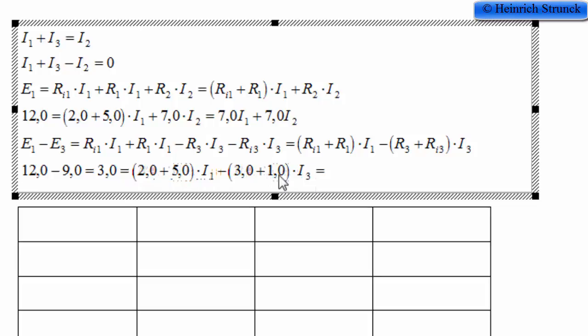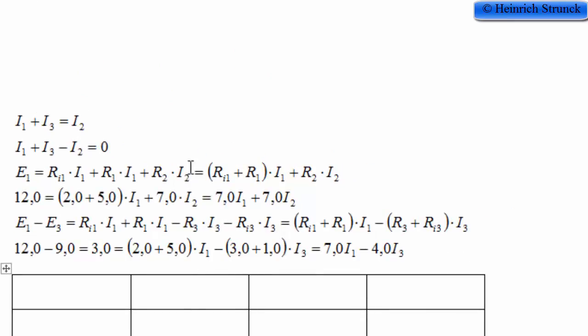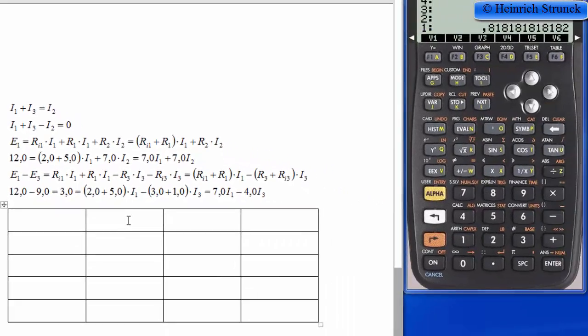It gives that we have 7I1 and minus 4I3. Then we have 1, 2, 3 equations, and that is enough to solve the system. We can do it manually, but I think we're going to use matrix system to solve the 3 unknown current.